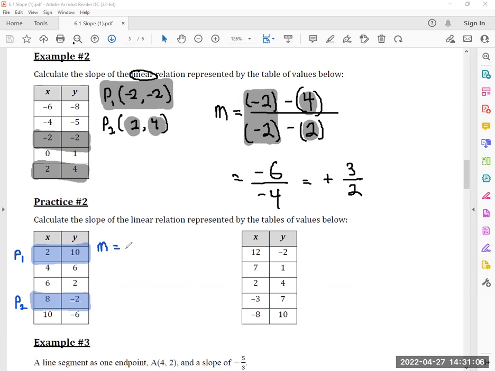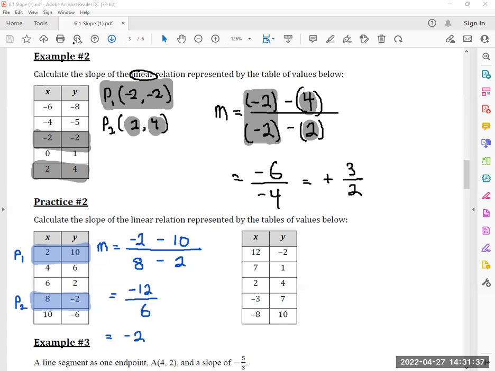M is going to be point number 2 minus 1. We've got X on the bottom, Y on the top. Minus, minus. -2 - 10 gives me a -12. 8 - 2 is a +6. So my slope is just -2.